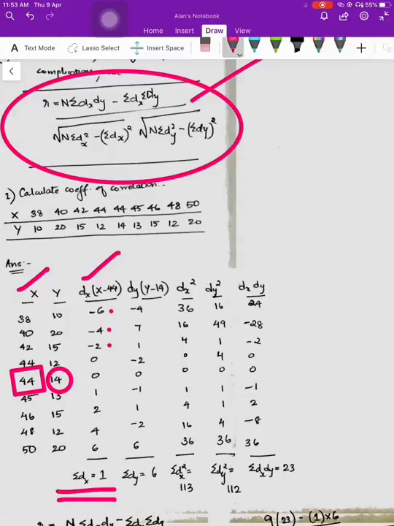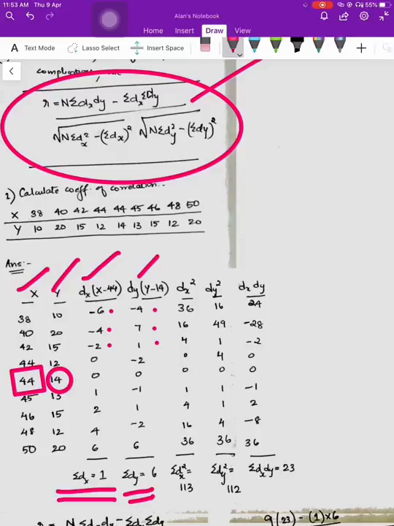Same way, we will now go forward with dy, where y is already here. You already know the assumed mean here, that is 14, in the circle right over there. So 10 minus 14 will be minus 4, then 7, 1, like that, and doing the summation of dy also, we get 6.